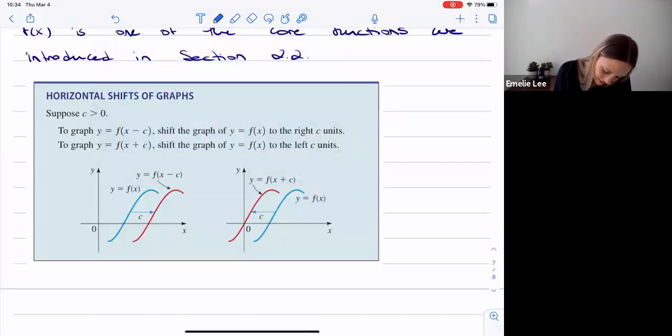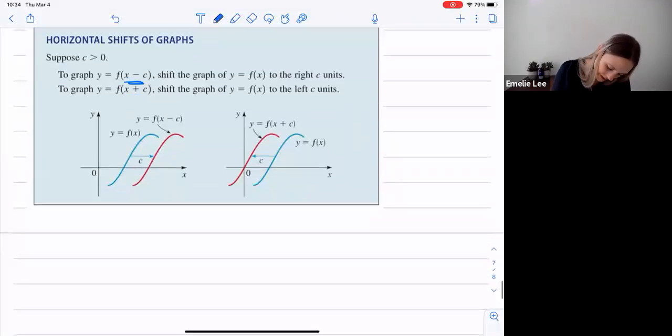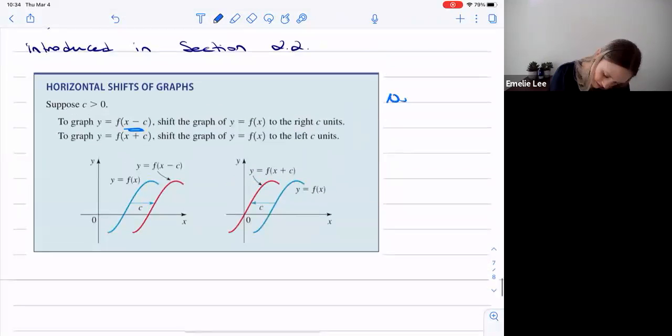Notice the manipulation is on x, not f of x.